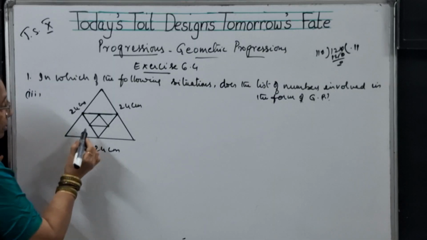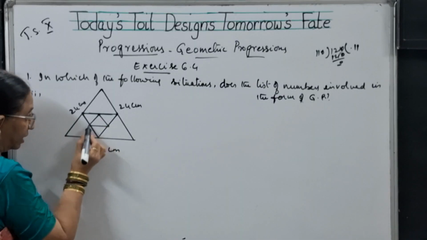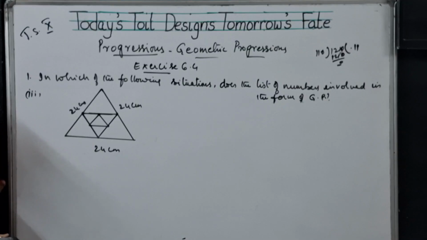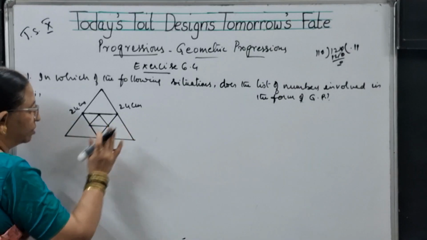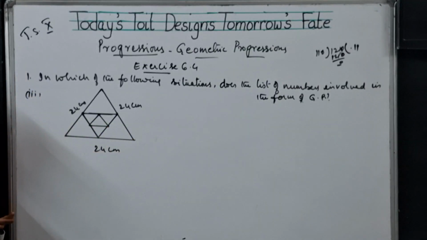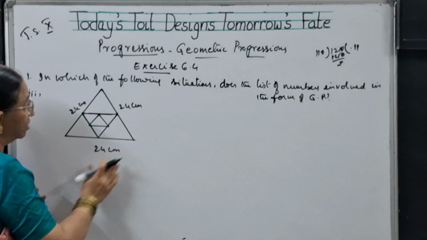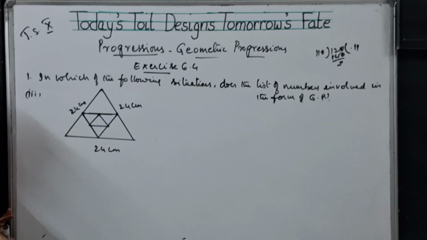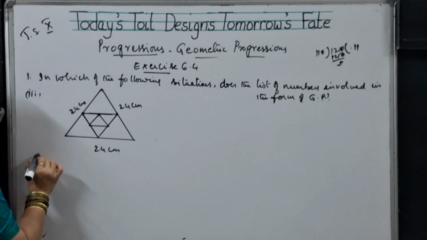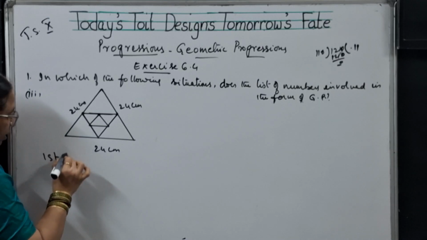Again, the midpoints of the triangle formed are taken and joined to form another triangle. So this process goes on continuously. We need to find out whether the perimeters of these triangles are in GP or not. So first we will talk about the first triangle.